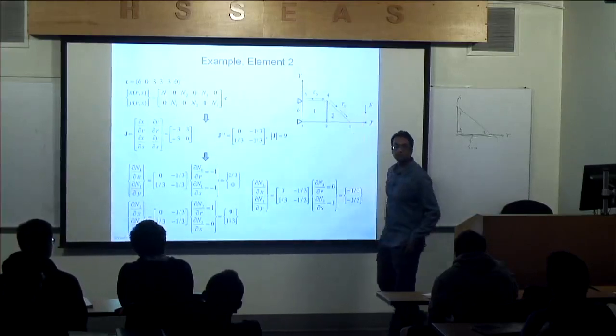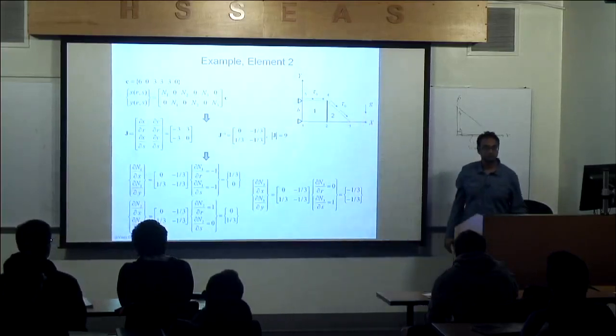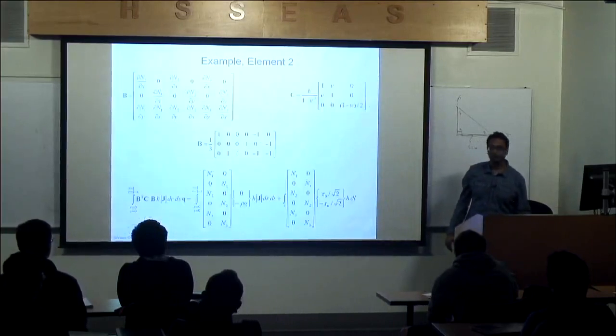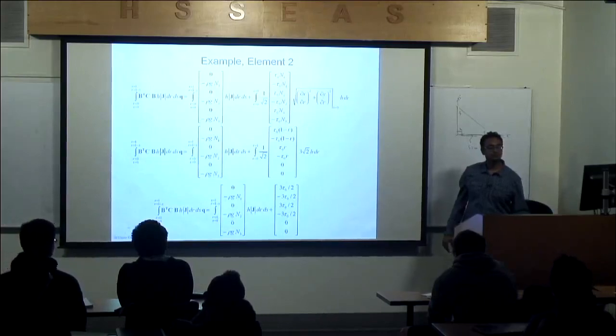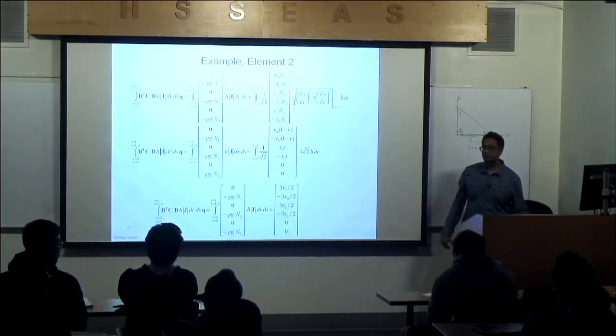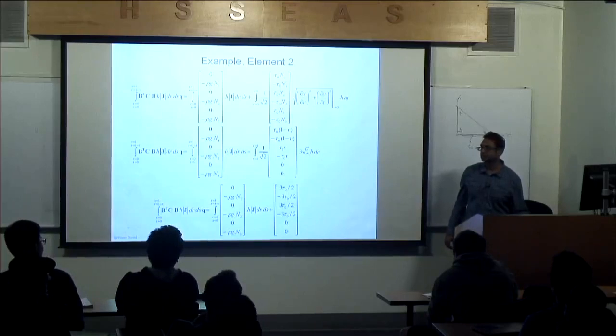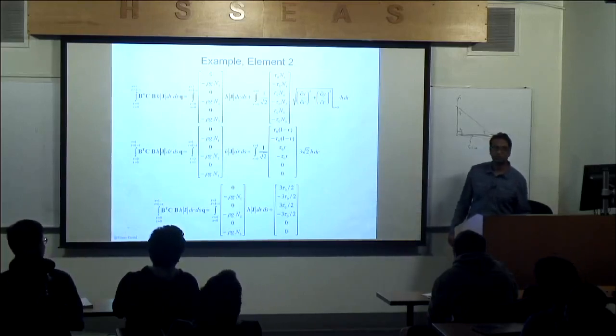And when I do that, I'll get 3 halves tau 0 in each direction. Okay? Any questions? Yeah? Do it at home. Check it at home. I didn't give you all the steps today. It takes a lot of time, right? But you can work it out at home.